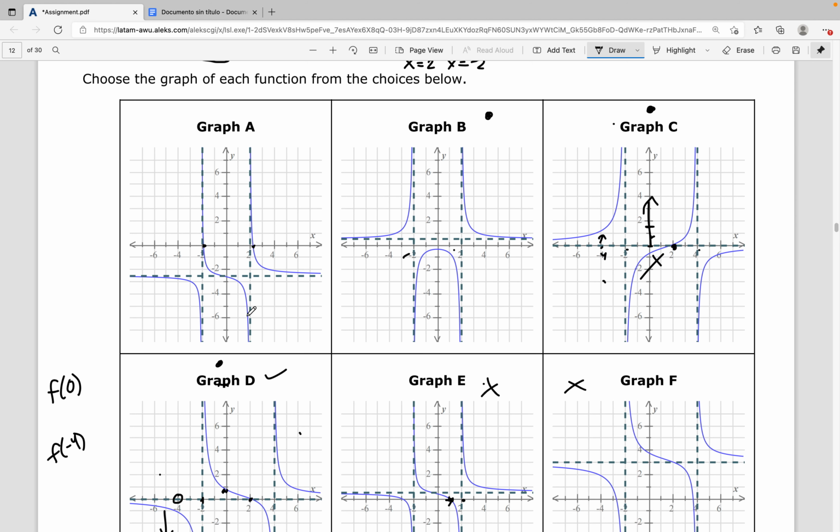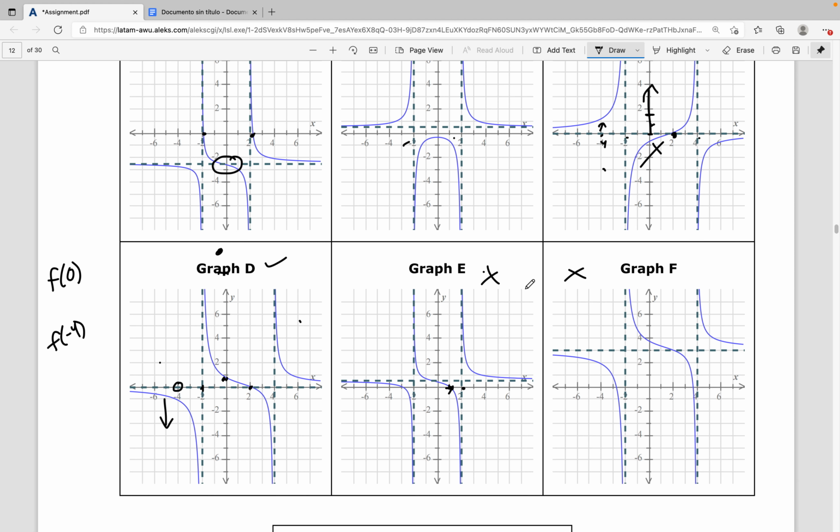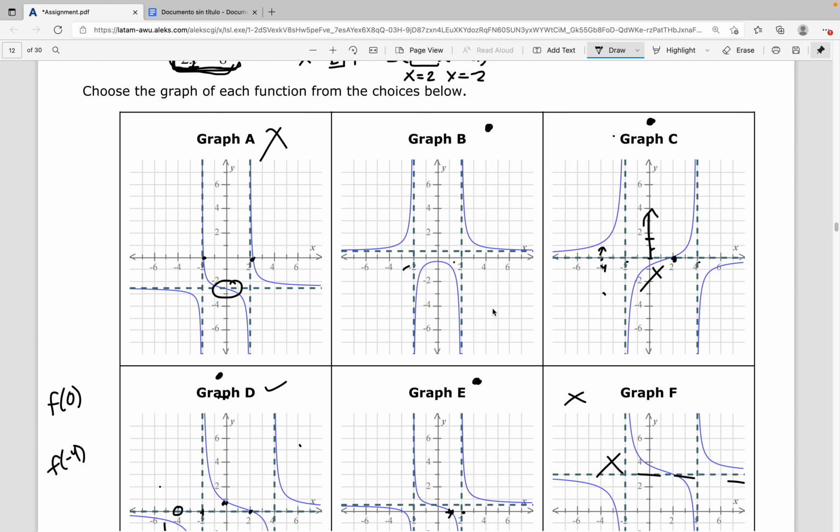And then we have this one that has negative 2 and 2, but the horizontal asymptote is wrong, so we eliminate it. And then we have this one, which could also be an option. Why? Because we have correctly the vertical asymptote. Okay, could be an option. This one is not an option because the horizontal asymptote is wrong. Okay, so again, we've got to think of two.